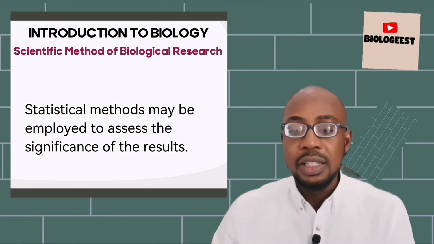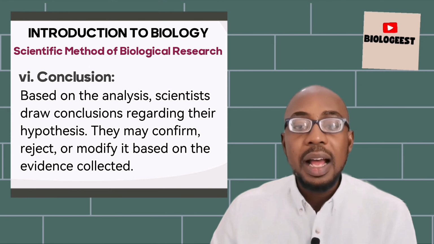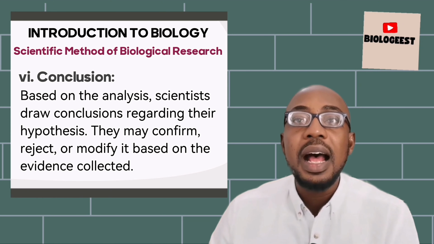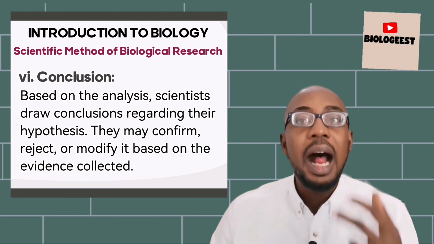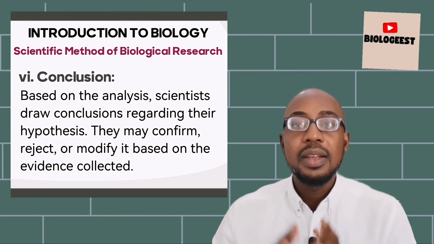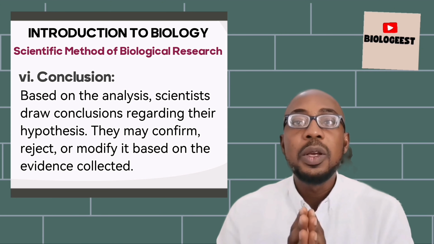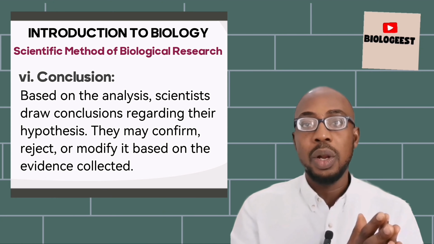Now, after this analysis, you will conclude that yes, after my observation, after my questioning, after my hypothesis, after my experimentation, after my analysis, I'm now concluding that the reason why twins have varying heights is because their parents have varying heights as well.